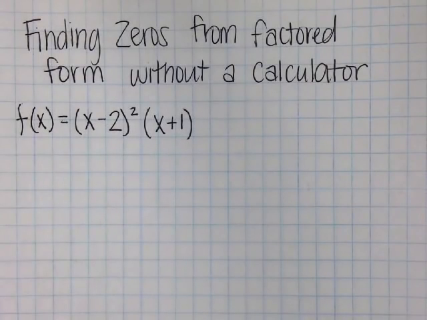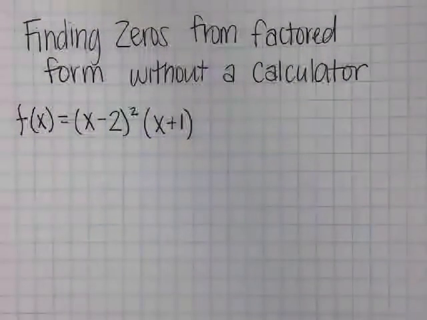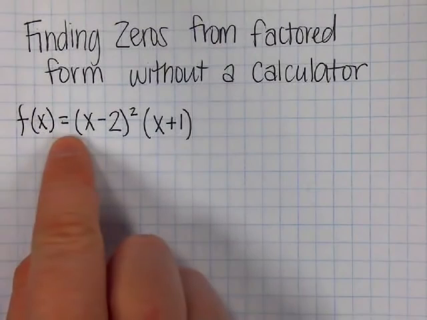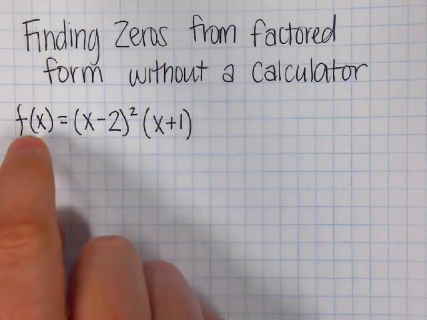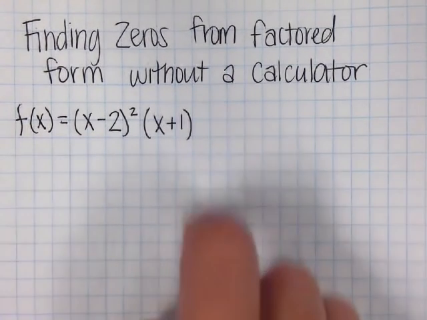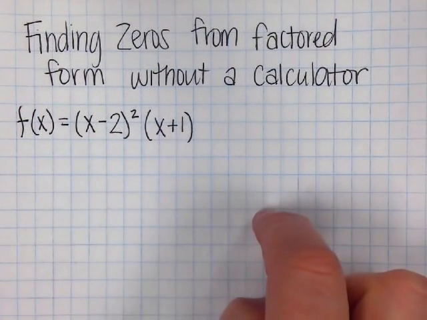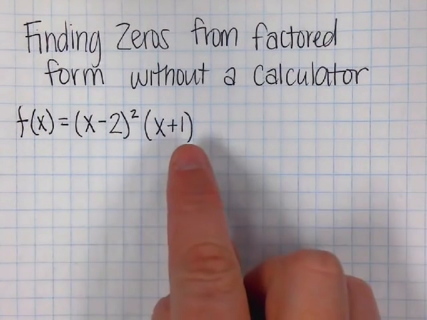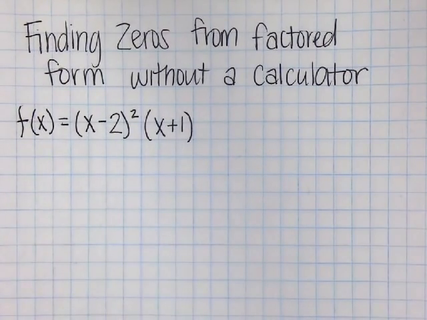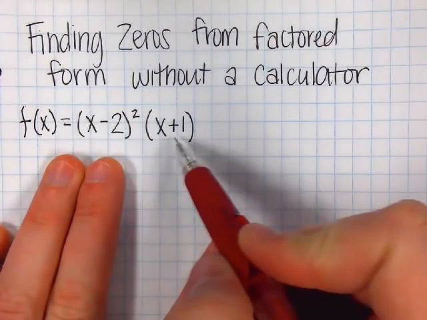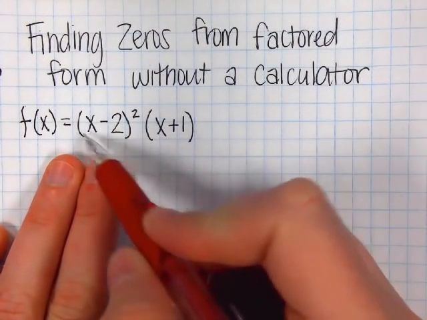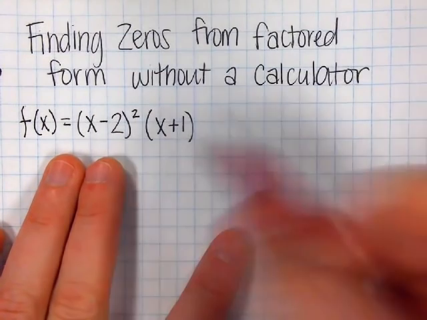Finding zeros from factored form without a calculator. Remember, zeros is when the equation is equal to 0, or when your y is 0, because it hasn't moved up or down any. It's just on the x-axis. So remember, those are your zeros. In order to find these, if I gave you this, remember this is factored form because it has the parentheses that multiply to get the information.